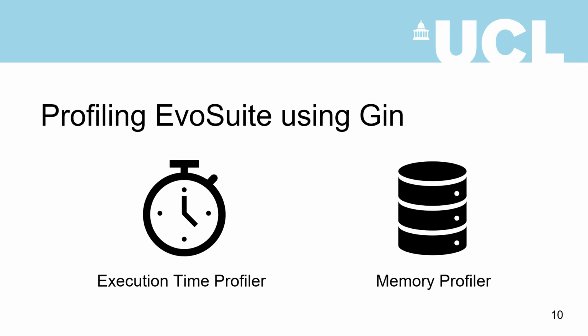In order to run genetic improvement on EvoSuite, we must select the methods that we wish to improve. Ideally, we would improve the methods which are responsible for the worst execution time and the most memory usage. To find these methods, we use the built-in profilers from GIN. We simply pass the project to GIN and it runs the tests and determines which of the methods are most responsible for poor execution time and the most memory consumption.